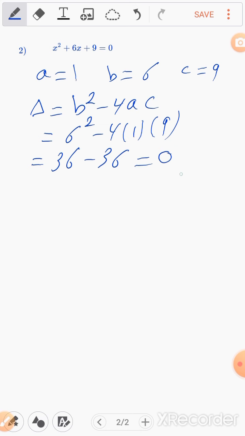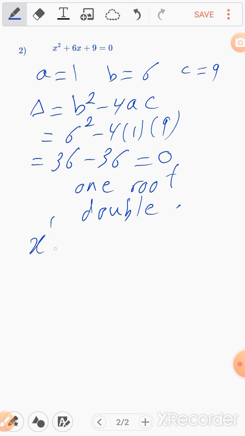Delta is 0, so we have one root which is double. The roots are equal, in fact. X prime equal x second equal minus b over 2a.